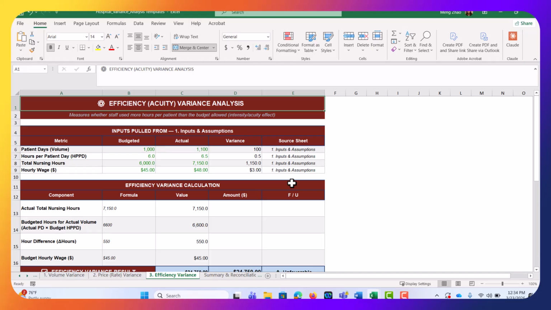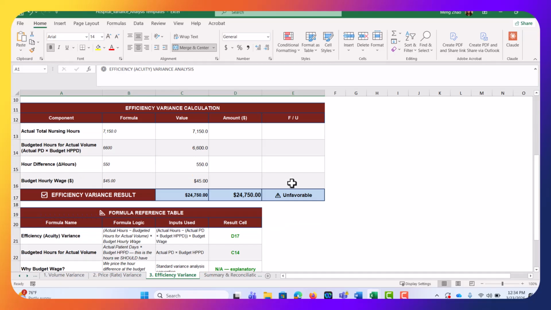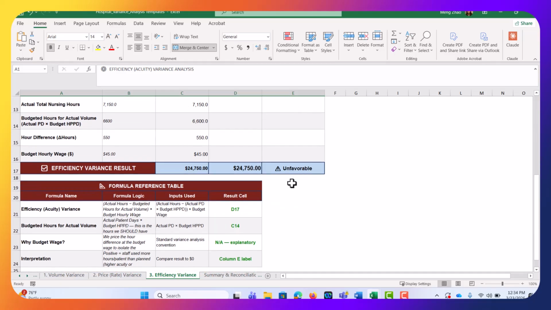It helps us understand the actual nursing hours used versus how many hours we should have used for the actual patient volume. You can see that we use the actual hours minus the budget hours for actual volume, times the budget hourly wage.